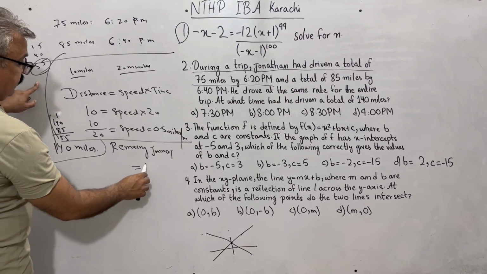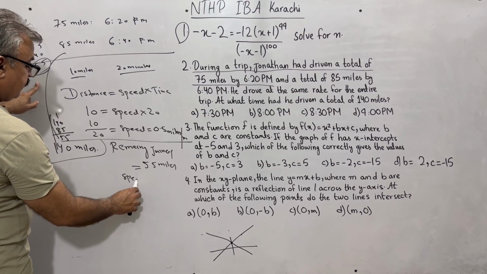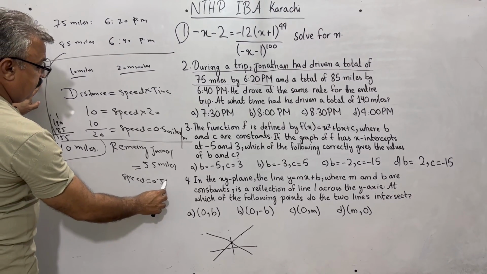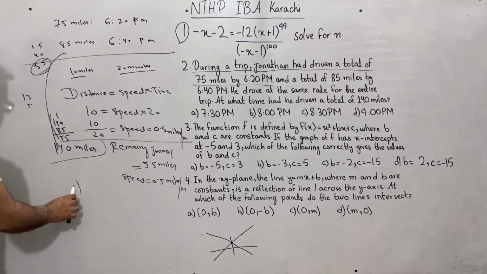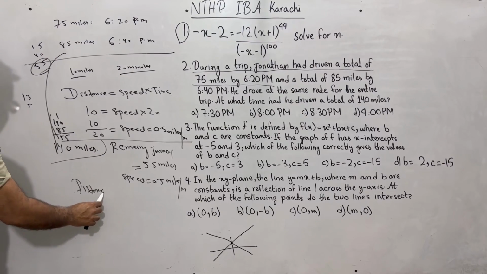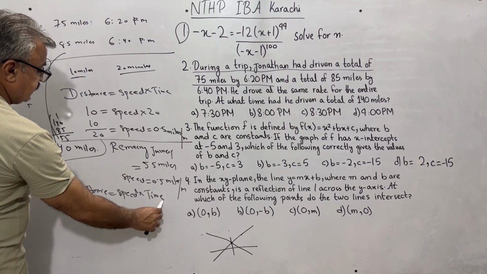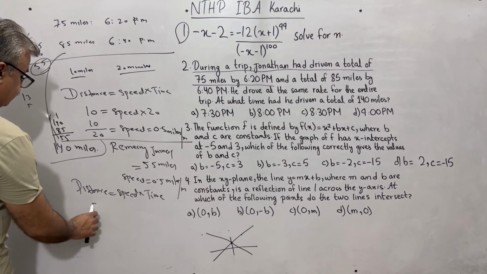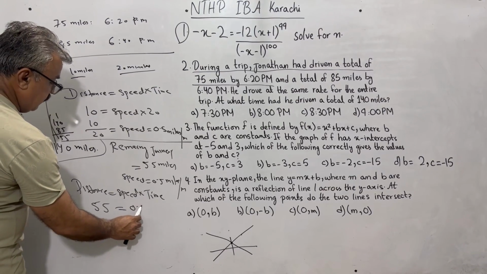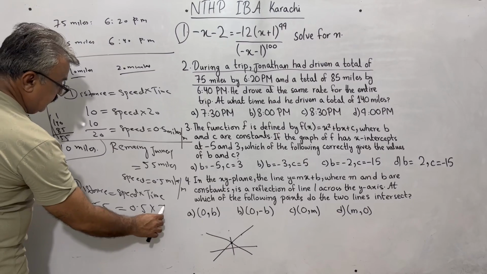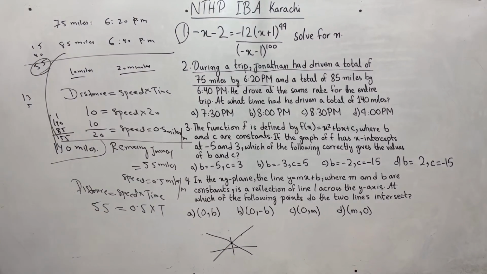The remaining journey comprises 55 miles. We have speed 0.5 miles per minute. Applying the same formula, distance is equal to speed times time. We are interested to cover still 55 miles. Our speed is 0.5. Our time we are interested in. Shift 0.5 from multiplication to division.